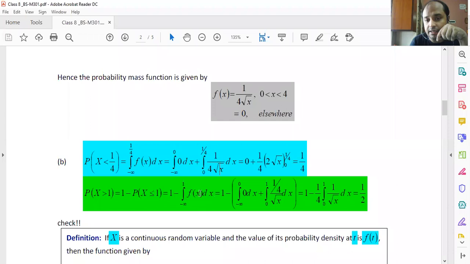Again, you cannot substitute 1 by 4 root x instantly over here. So you have to break it into two halves once again. So I have broken it, one from minus infinity to 0 and another from 0 to 1. From minus infinity to 0, the functional value is 0 once again. You know it because fx is undefined.